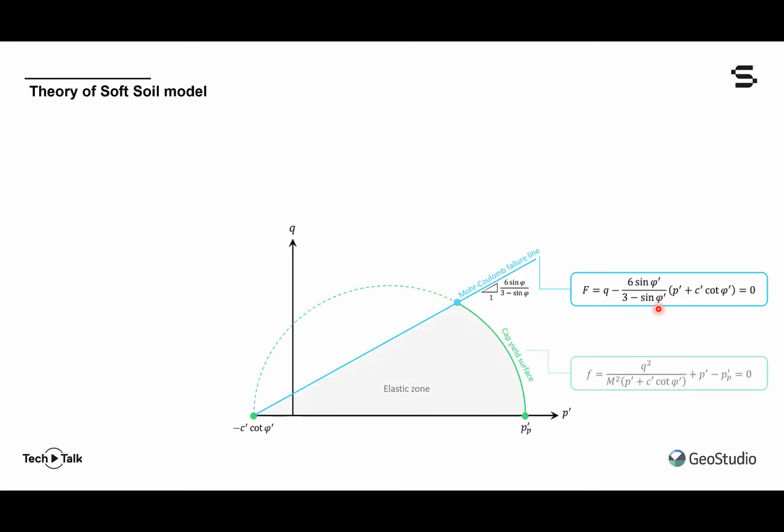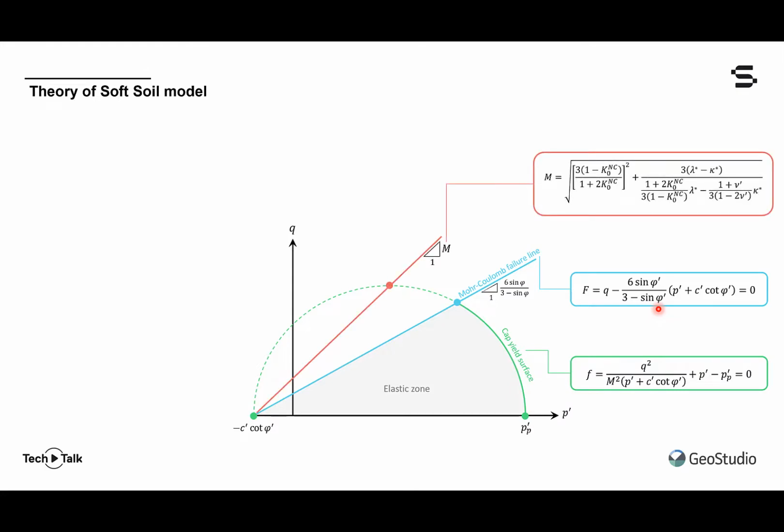The cap on the soft soil model is an ellipse with a horizontal major axis. And the aspect ratio of this ellipse is controlled by a stress ratio called M, also the Greek letter mu. This stress ratio is not independent of other material parameters and can be calculated based on those input parameters.